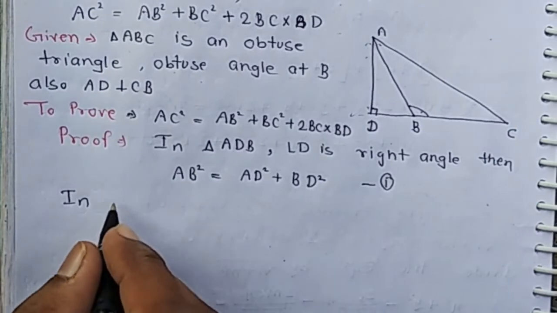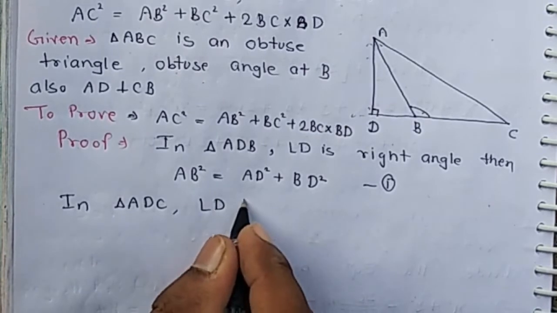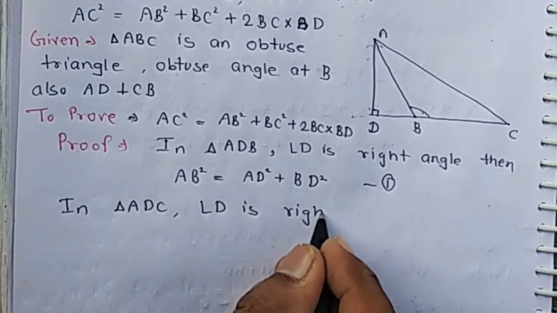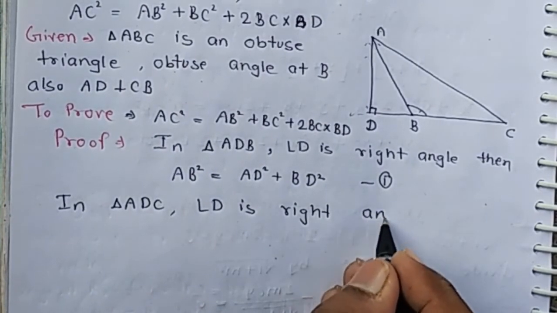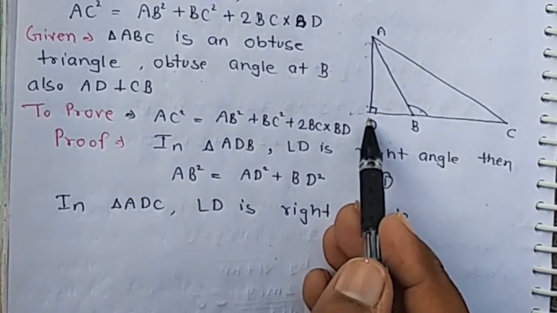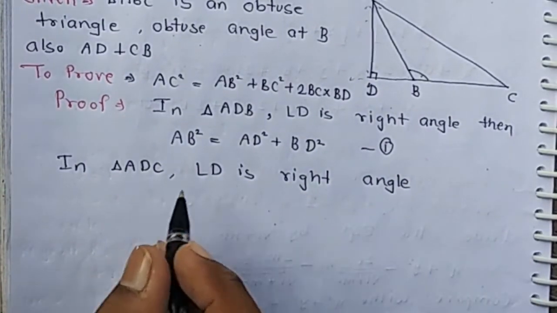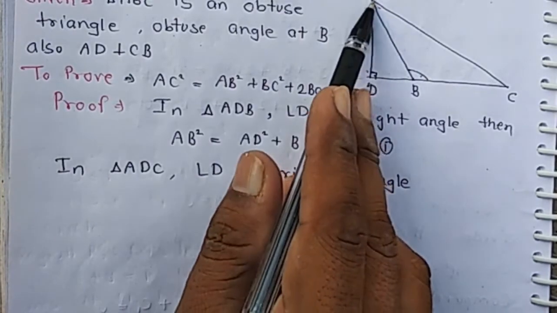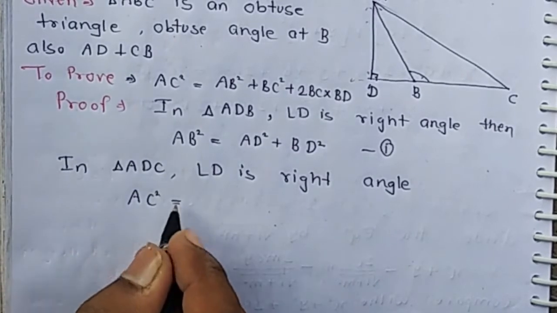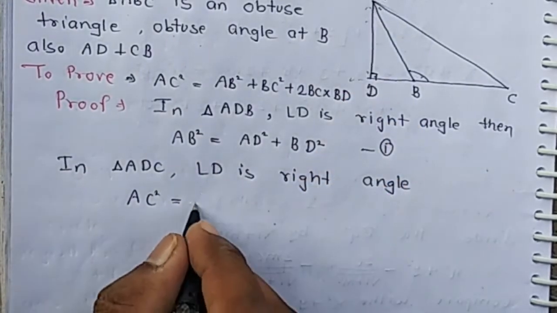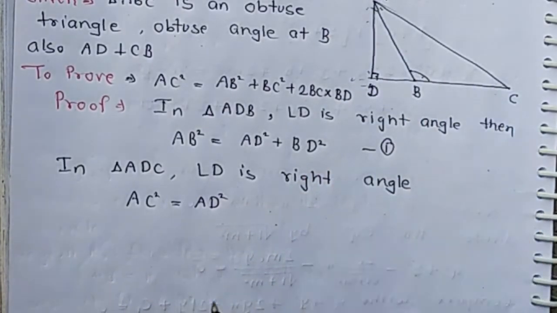Now in triangle ADC, angle D is a right angle. Then by Pythagoras theorem, AC is the hypotenuse, AD is the perpendicular and DC is the base, so AC square is equal to AD square plus DC square.